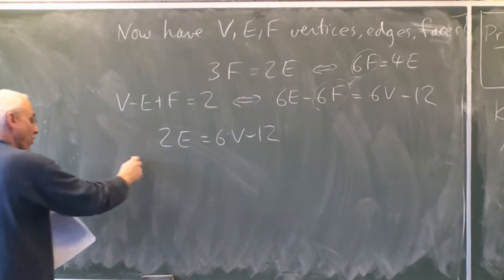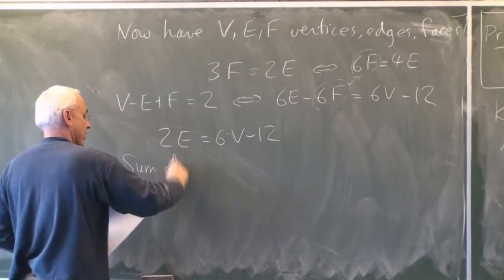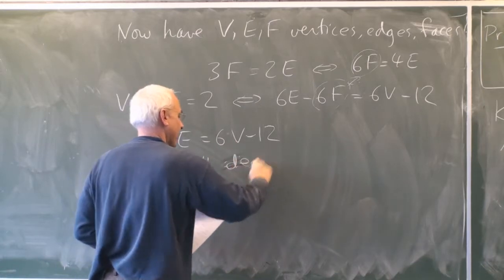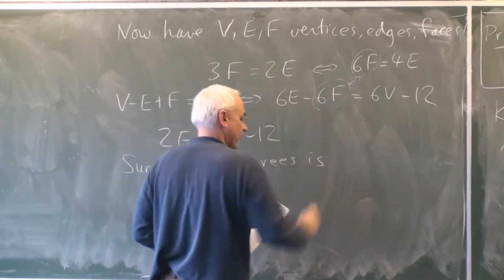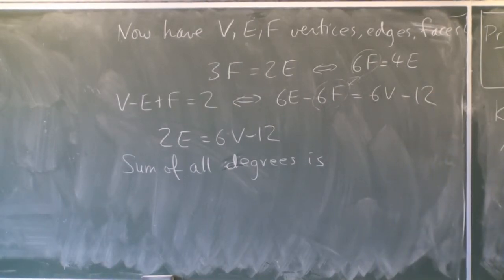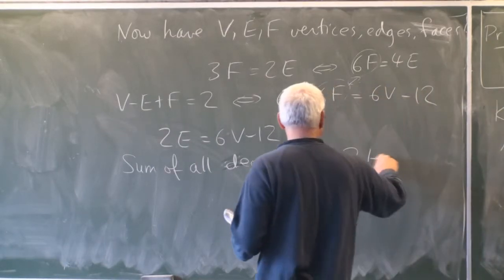Okay, the sum of all the degrees: look at the degrees of all the vertices. It's the number of edges coming into each vertex. I'm just going to get twice the number of edges, counting each of the edges twice. So the sum of all the degrees is 2E.